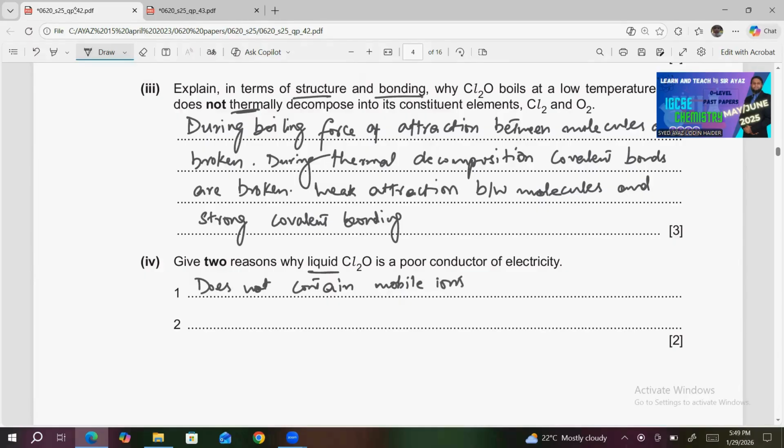What else can you write? It also does not contain mobile or delocalized electrons. That's why it's a poor conductor of electricity.